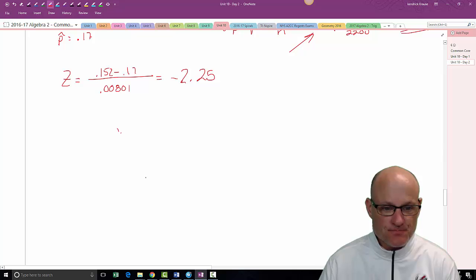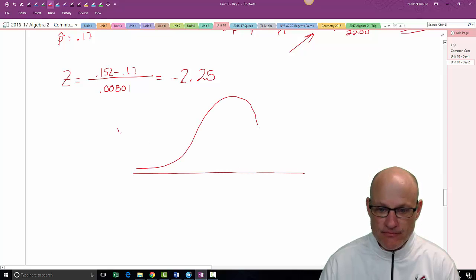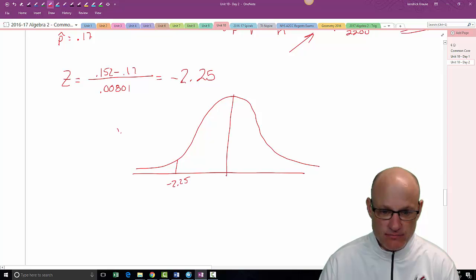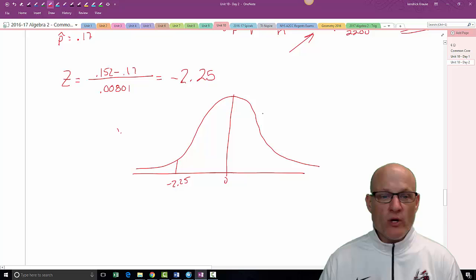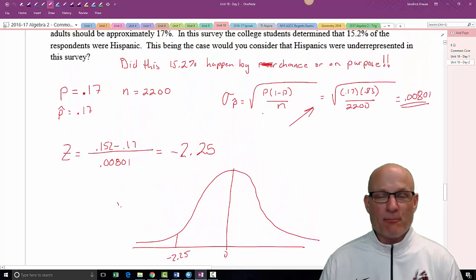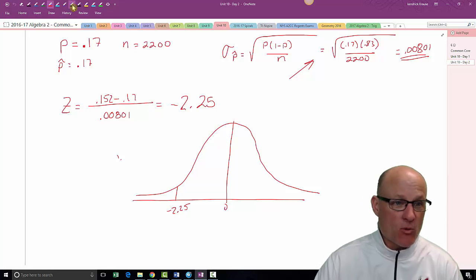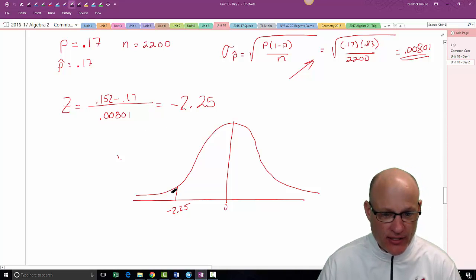So let's take a look. Grab our standard deviation curve. And negative 2.25 is down here somewhere. Remember, this is 0 right here. So we want to know what percentile this lies in. In other words, we want to figure out what all of this is. What is this percent that's lower than this? In what percentile does this lie?